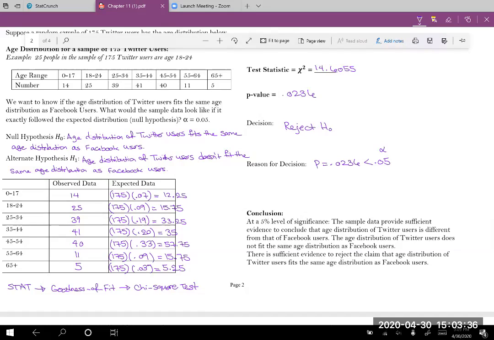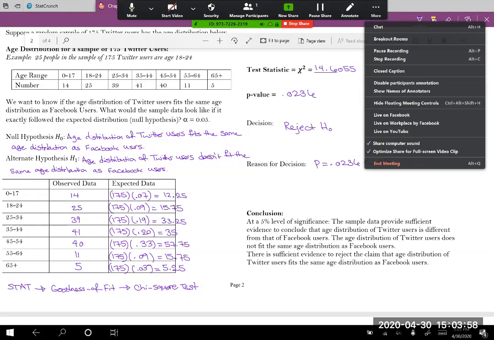So that means the age distribution of Twitter users does not fit the same age distribution as Facebook users. You can also say there is sufficient evidence to reject the claim, since the claim is to see if they're the same, to reject the claim that the age distribution of Twitter users fits the same age distribution as Facebook users. So this is how you write a conclusion.